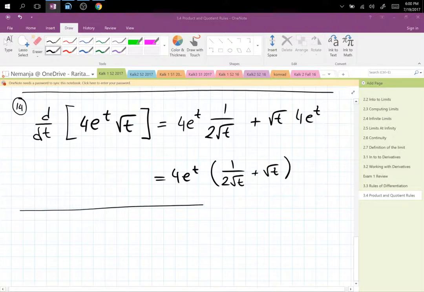The second half of the lecture is quotient rule, which is again a formula. You use it the same way, just plug and pray.